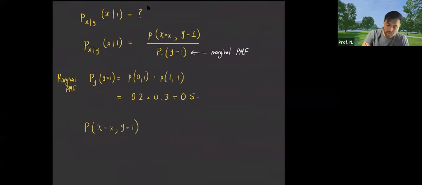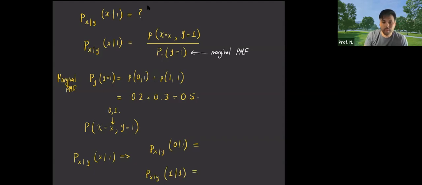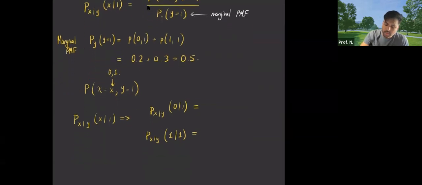Well, x can change, right? X has two values, either 0 or 1. So to find this specific PMF, I want to find the probability of x given y, 0 given 1, and I want to find x given y, 1 given 1. That's the same thing as saying the probability that x is 0, y is 1, divided by the probability that y is 1.